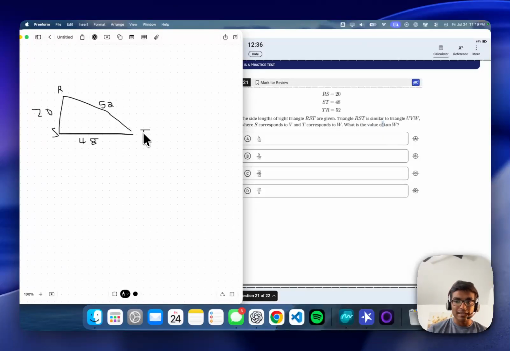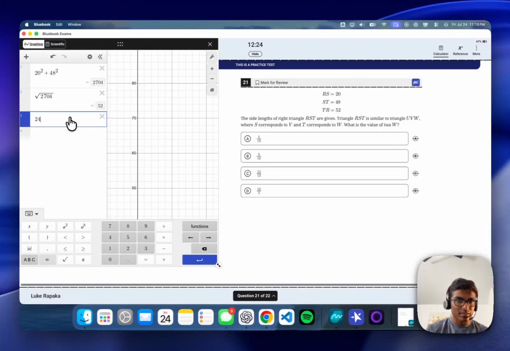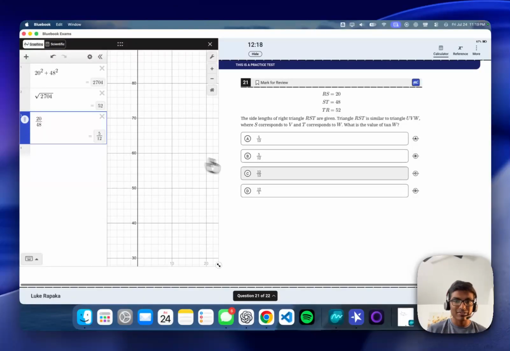So tangent is opposite, so SOHCAHTOA, OA is opposite over adjacent, so 20 over 48. So 20 over 48, that's the same thing as that. And then if we convert that to fractions, it's 5/12. Okay.